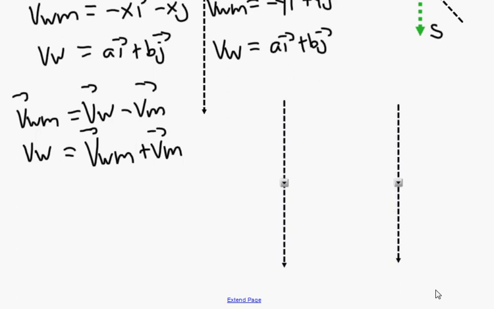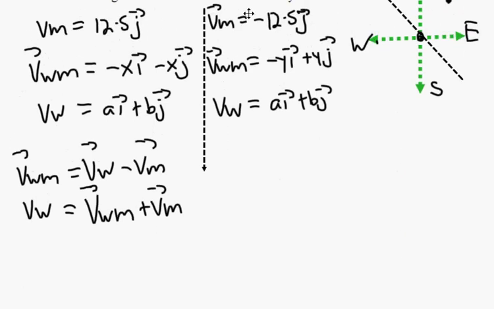So, back to the question at hand. What we're going to do here is what we did last time. The velocity of the wind is AI plus BJ.